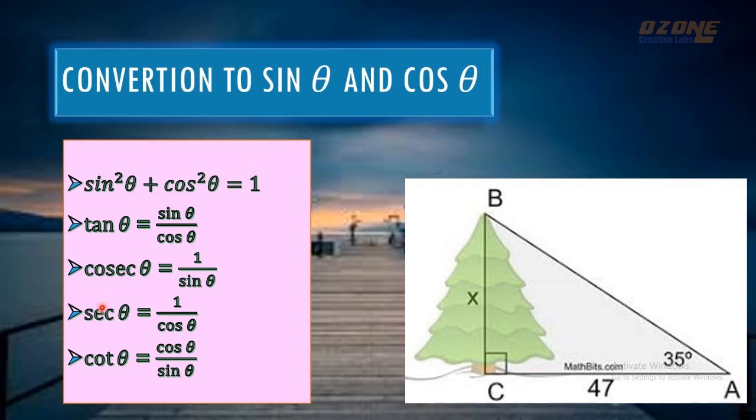First of all, we will remember the formula sine square theta plus cos square theta equal to 1. Both sine and cos come under that. Next, tan theta can be written as sine theta by cos theta. Cosec theta equal to 1 by sine theta, sec theta equal to 1 by cos theta, and cot theta equal to cos theta by sine theta.